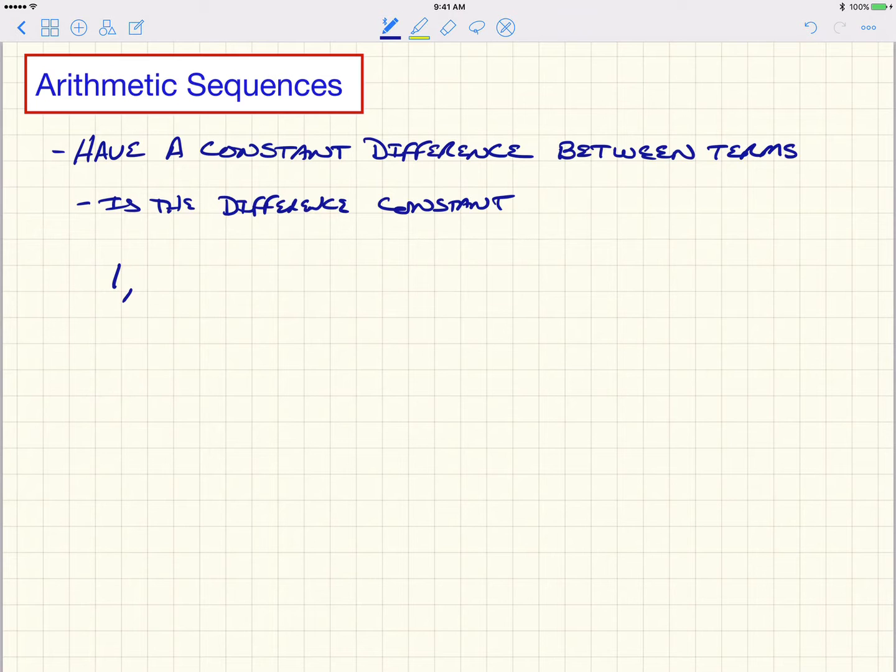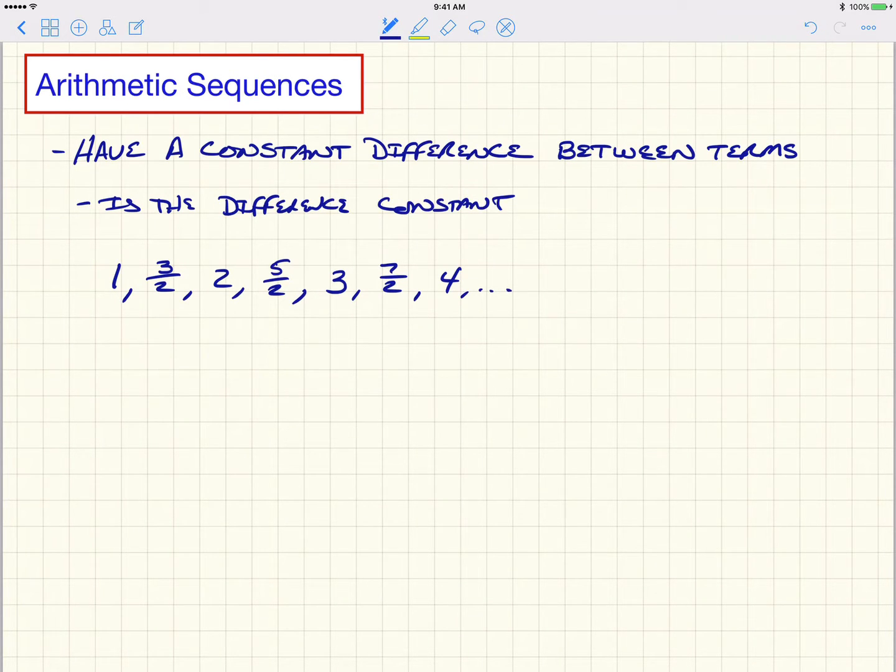Then the next value is 3/2, and then the next value would be 2, and then the next value after that would be 5/2, and then the next value after that would be 3. And then the next value after that would be 7 halves, and then the next value would be 4, etc. So is this an arithmetic sequence?